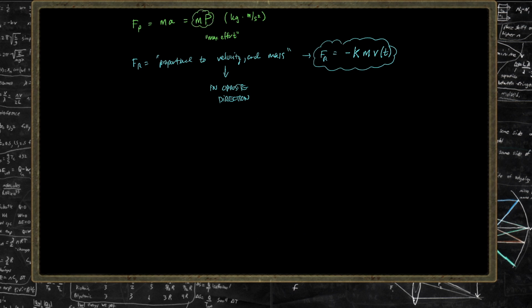Here's something for the propulsive force. When we get back to the total forces on the runner of Fp plus Fr, we're looking at Mp minus Kmv of t. So this is nice, and if we break down F even further, we know that the total force will also be mass times acceleration.